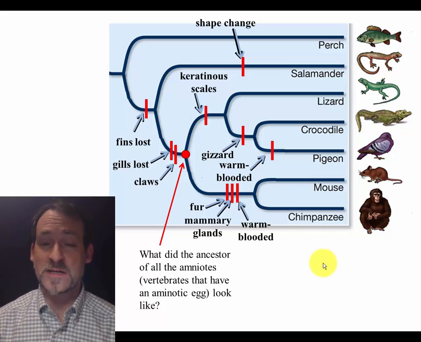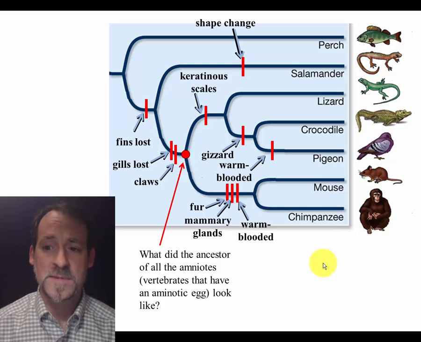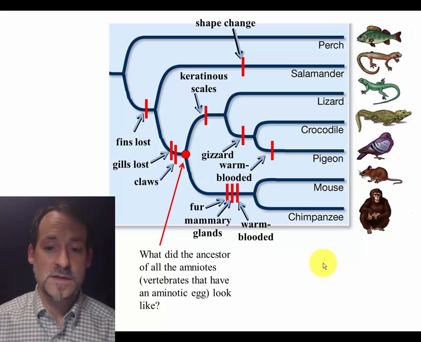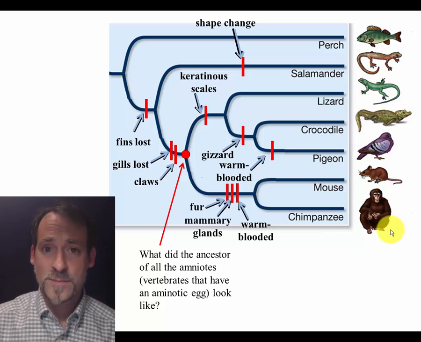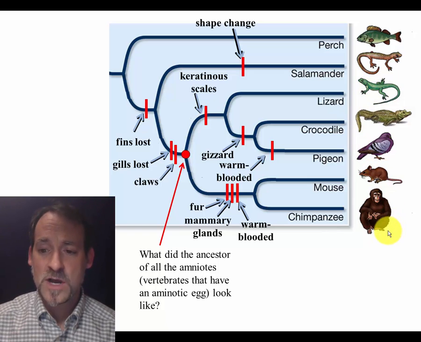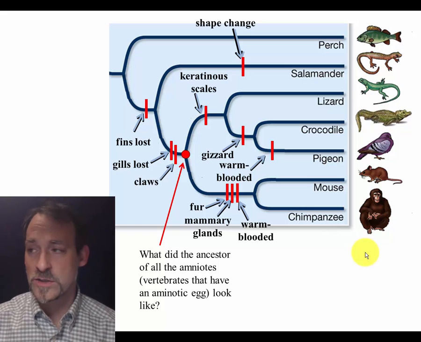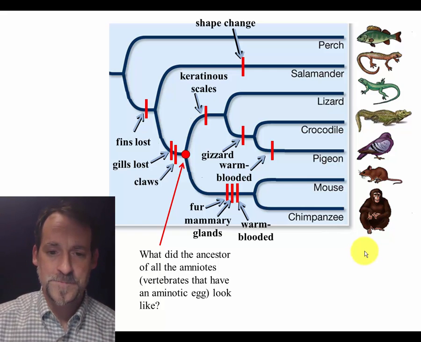This gave vertebrates, for the first time, the ability to reproduce away from water. It allowed these organisms, the reptiles and the mammals, to essentially colonize dry land and really take over in the niches where we see them today.